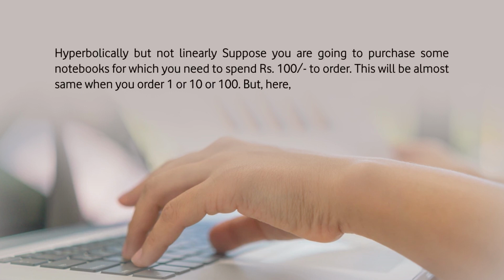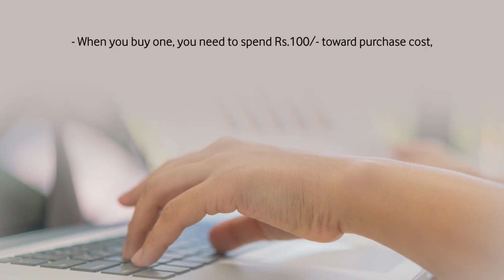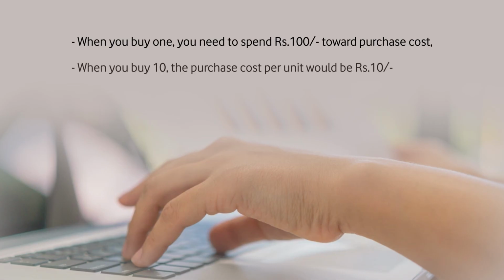The order cost is hyperbolic but not linear. Suppose you are going to purchase some notebooks for which you need to spend ₹100 to order. This will be almost the same whether you order 1, 10 or 100, because the ordering cost is 100. When you buy 1, you spend 100 rupees towards ordering cost. When you buy 10, the ordering cost per unit is 10.